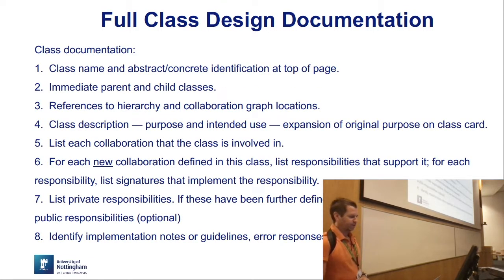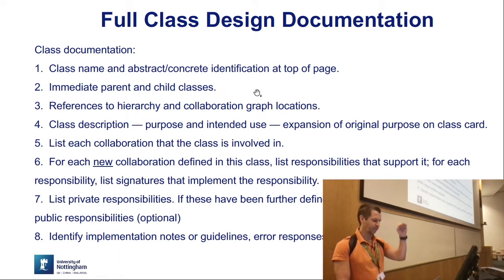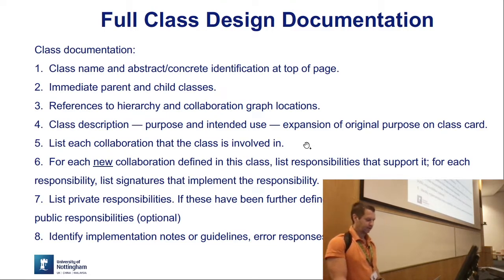And this is what the full class design documentation records: the name of the class, whether it's abstract or concrete, the immediate parent and child classes, so one level above and one level below, references to any graphs that it's involved in, a description of the class's purpose or its intended use, each collaboration that it's involved in, and then the list of responsibilities that it supports.